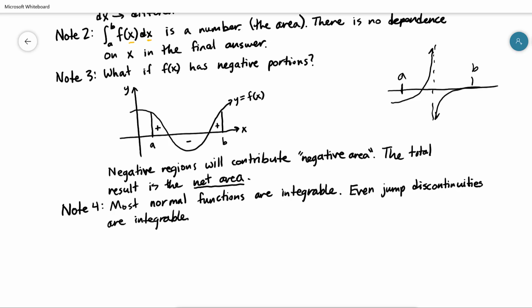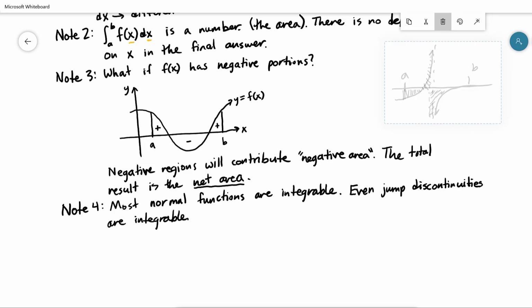We've got to take into account these negative contributions, then a positive contribution, then all of a sudden this negative contribution, and we have this weird asymptote where things jump. That's going to require a little bit of special care, but for the most part, the functions that we're used to dealing with, we're not going to have to worry about this stuff. So let me just delete that little picture.